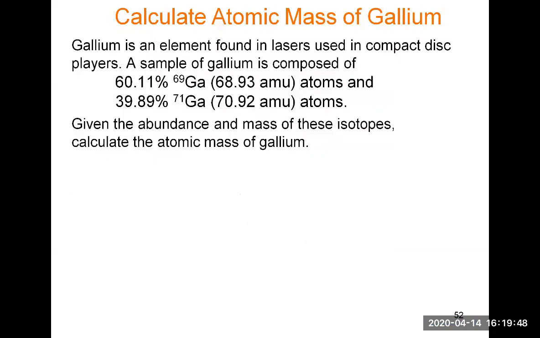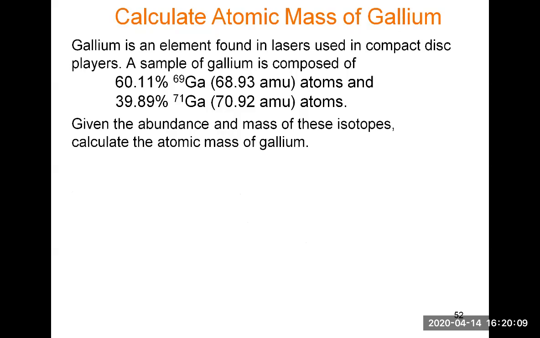So let's go through one more example of atomic mass calculation, and we will use gallium. Gallium is an element found in lasers used in compact disc players. Gallium is a metal.